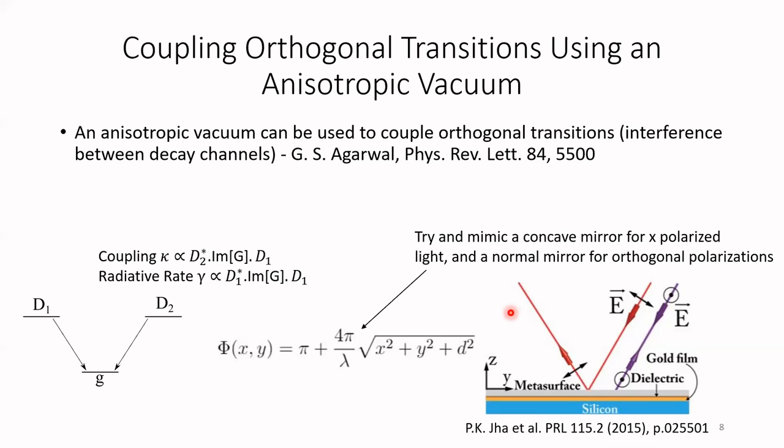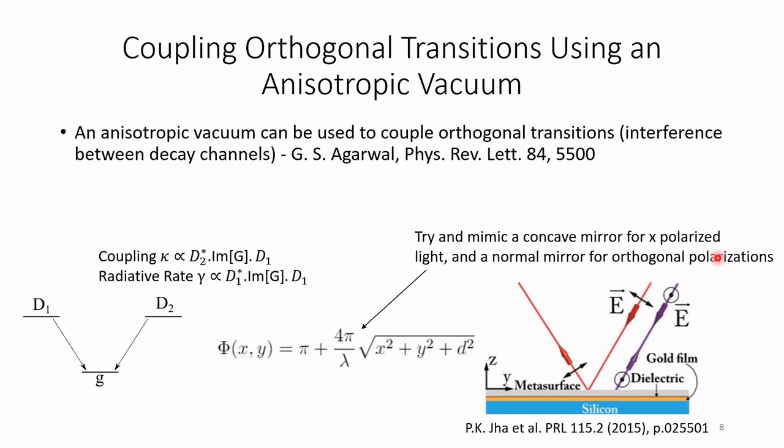So what we want to do is suppress the radiative rate for an X dipole, but let's say not change the radiative rate for a Y dipole. If we go back to what I was talking about a few minutes ago, we know that the spontaneous decay rate is caused by d bar dot e bar, with d bar dot e vac, the vacuum field fluctuations.